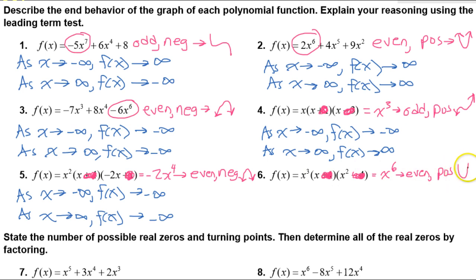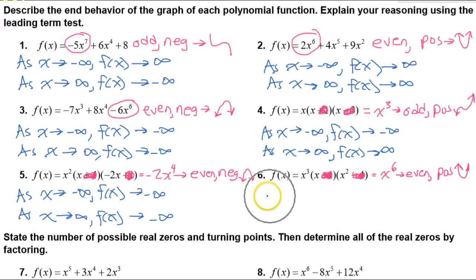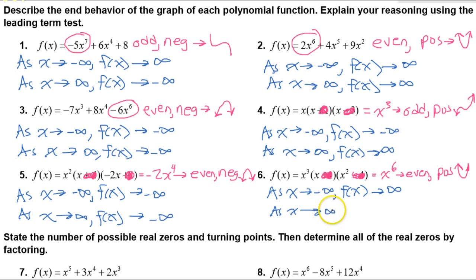So that's going to give me end behavior that looks like this. As x approaches negative infinity, f of x approaches positive infinity, and as x approaches positive infinity, f of x approaches positive infinity. On the left it rises, and on the right it rises.